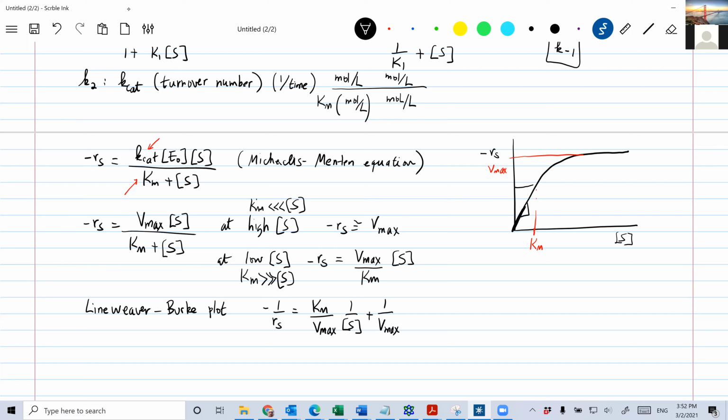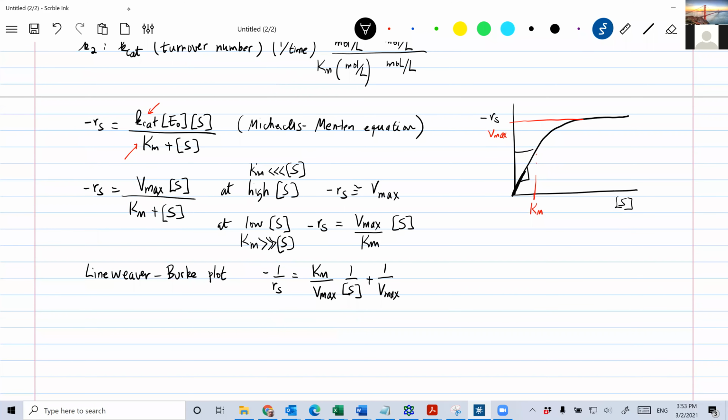So you can plot this form, and it should be a line where the slope is Km over Vmax and the intercept is 1 over Vmax. So the Lineweaver-Burk plot is something that we're going to talk about next class or in two lectures, how to fit data to a Michaelis-Menten plot. But we'll get back to that.